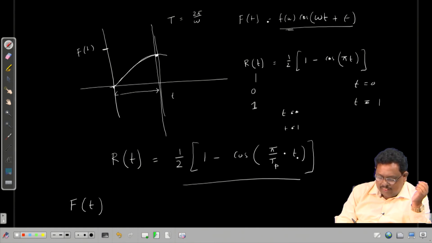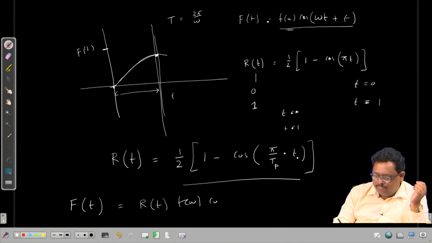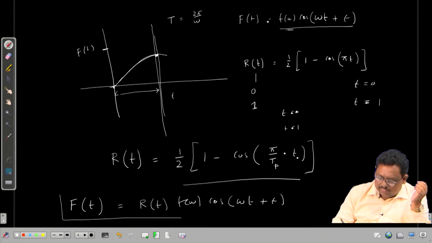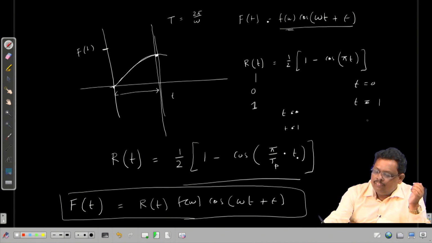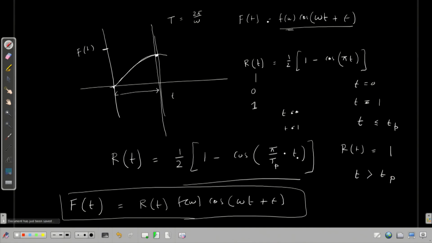So, this F t I must write with this R t into some f omega into cos of omega t plus epsilon. This should be the way to write this ramp function. And I must say this ramp function is as given when t is less than or equal to T p, and the value of the ramp function R t equals 1 when t is greater than time period T p.